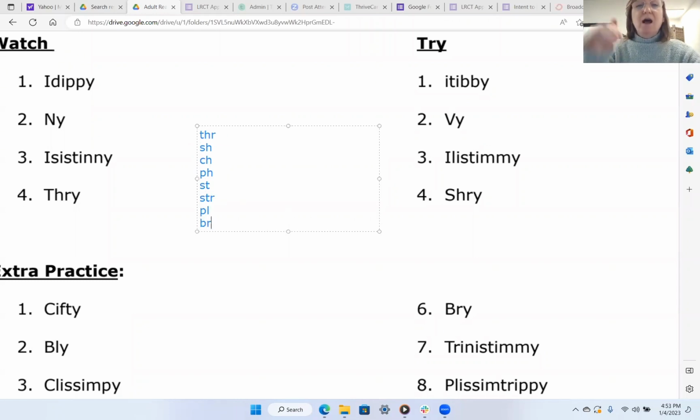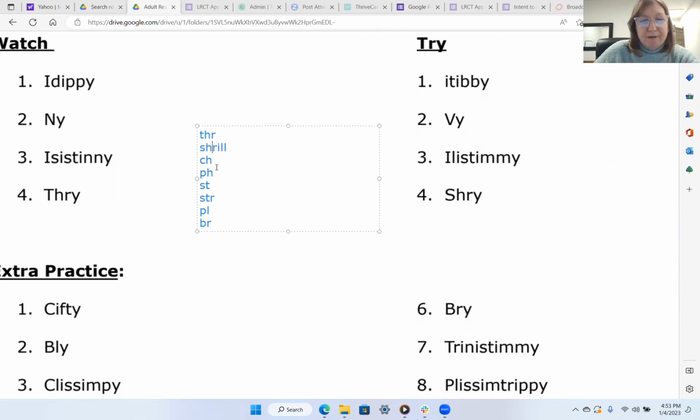BR, L and R are very often the second letter of a blend. So here we have BR in bread, PL in play, STR in street, ST in stay. If you have a PH, a CH, an SH, or a TH with a consonant after it, that's called a digraph blend, because a digraph is one of those consonant combinations.